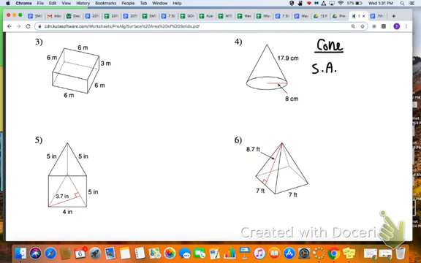So the surface area of a cone is going to equal pi r squared plus pi rs. So remember, r stands for the radius, so there must be a circle in here if there's a radius, and the s stands for slant height.